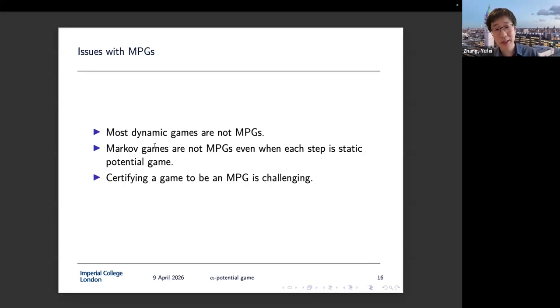So that's why it is a challenge to verify whether a game is a Markov potential game or not. And in many cases, it is not. So from this discussion, in order to study a dynamic game, a more general form of the potential game is necessary. And this is essentially what we are going to do in our work.